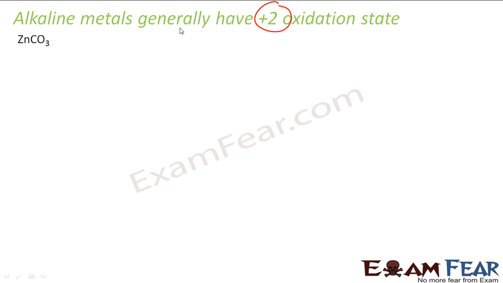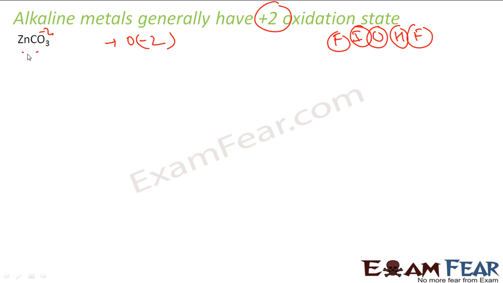Let's take this scenario where we have to assume the alkaline earth metals of group 2. ZnCO3, same rules I will apply. Free, I can't apply, it's not a free element. Ions, I can't apply, it's not an ion. Oxygen I can apply, oxygen is -2. Hydrogen I can't apply, there is no hydrogen. Fluorine I can't apply.